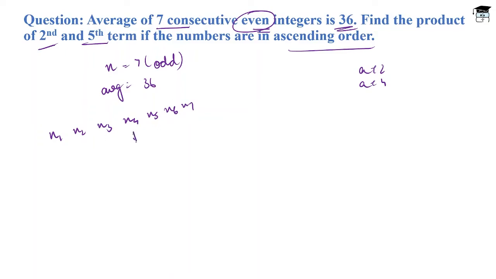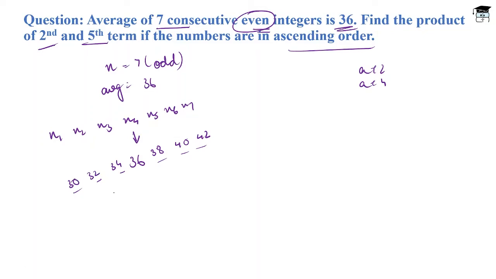That is N4 we know is 36. Alright. So what would be the digits here? The digits would be even. Alright. Even consecutive integers. So 36, 38, 40, 42, 34, 32 and 30 here.